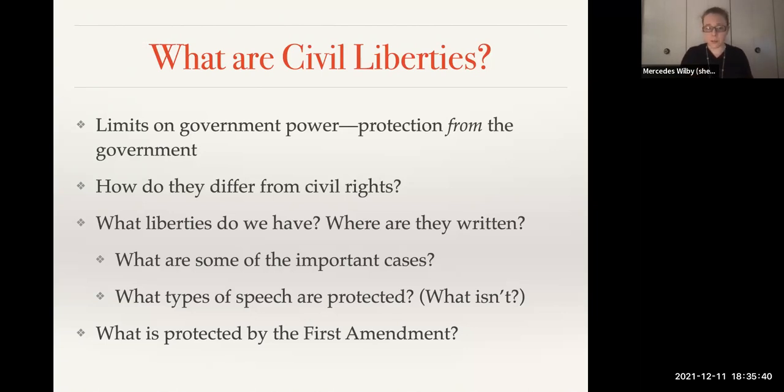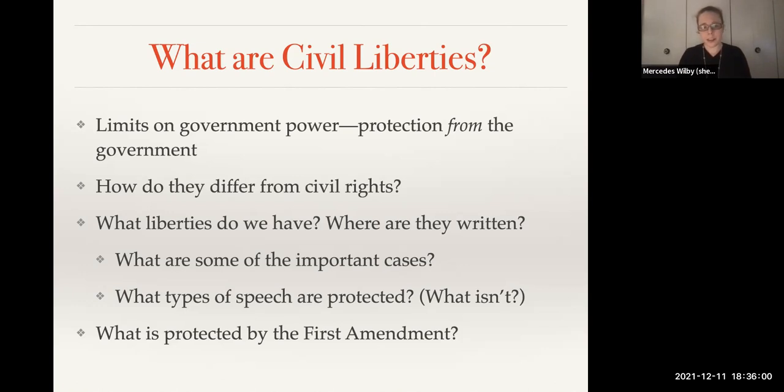Most of these rights and liberties actually are written in the Bill of Rights. And remember, that's because our civil liberties can be considered negative rights. That's why it's in the Bill of Rights. So what liberties do we have? We have all sorts of liberties.